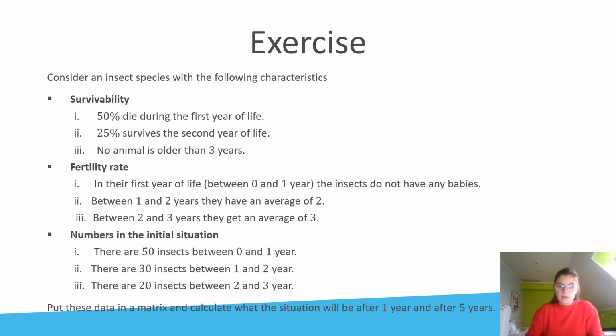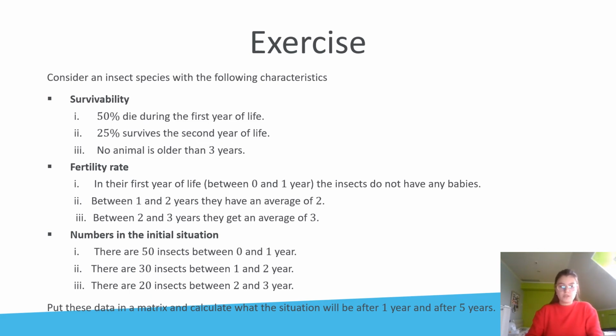Fertility rate. In their first year of life, so between the age of 0 and 1 year, the insects do not have any babies. Between 1 and 2 years, they have an average of 2 babies. Between 2 and 3 years old, they get an average of 3 babies.